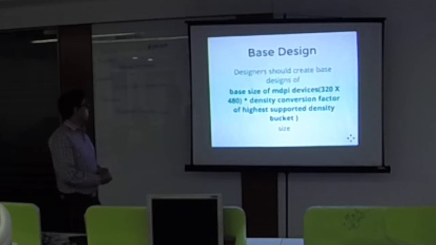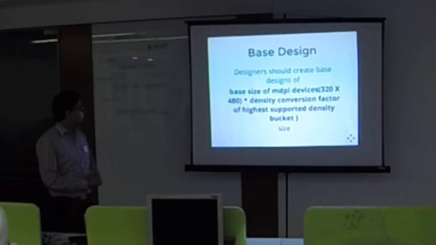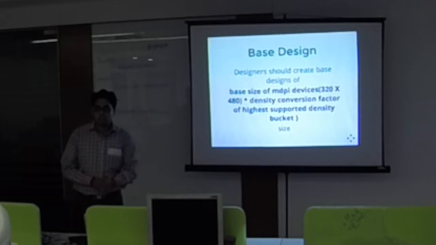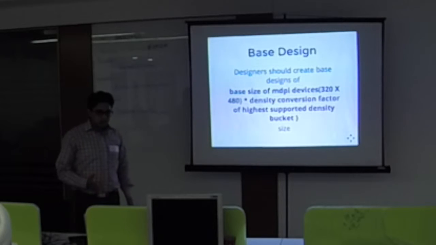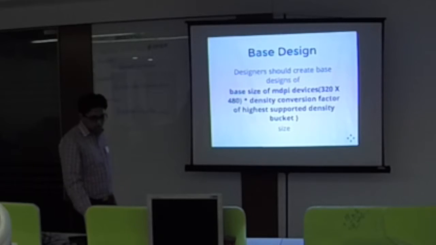Why I am suggesting to create designs for highest supported density bucket, because it's easy to downscale the assets for other density buckets. Now as designer has created base design, we just need to bother about the extra screen size available on different Android devices.